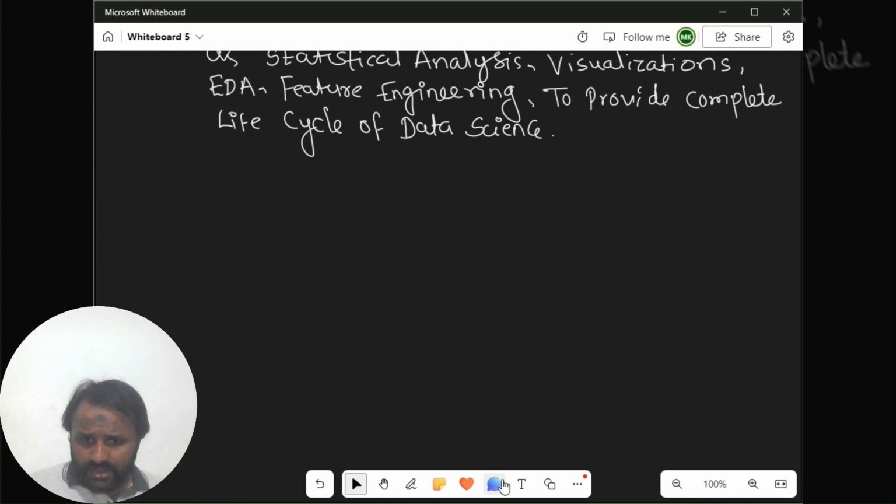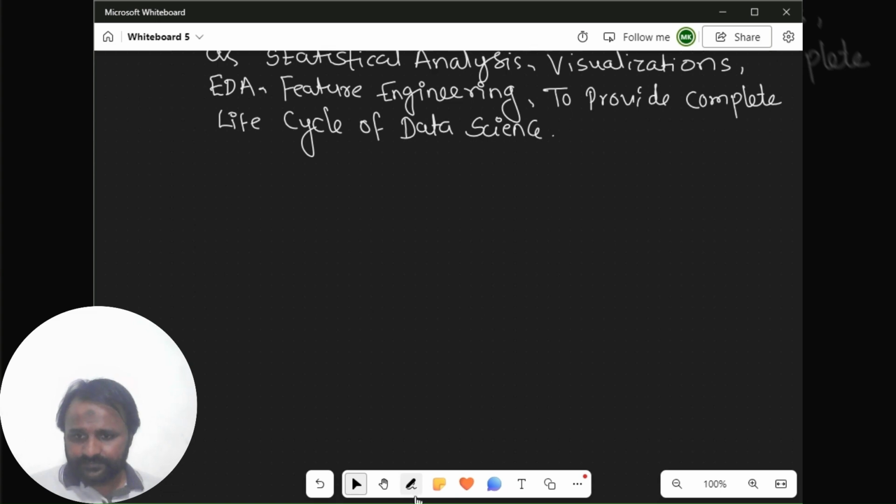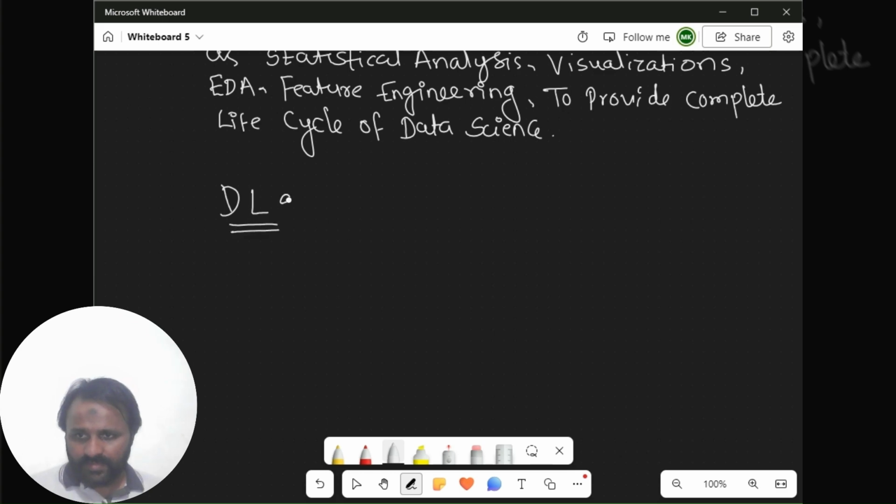So now looking at deep learning here. The main aim of deep learning is what?